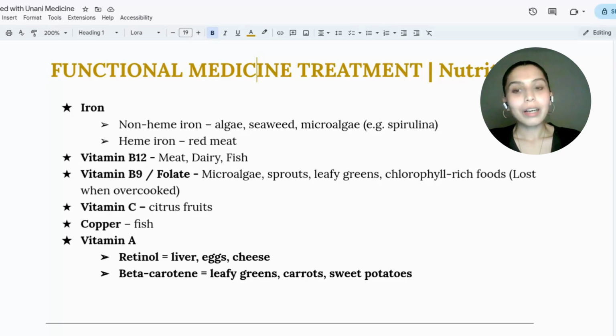Vitamin A, like iron, has two types. So we have retinol and beta carotene. So the retinol is from the animal products, and the beta carotene is from the vegetables. Some examples are listed on the screen.